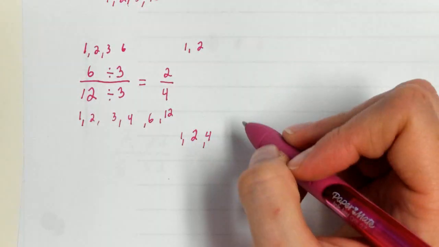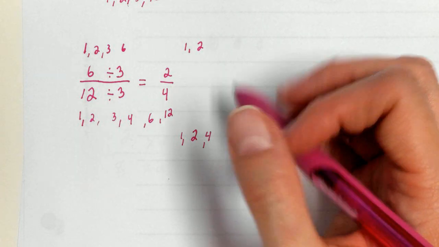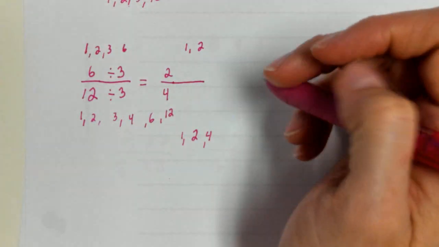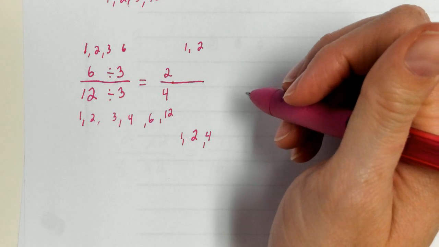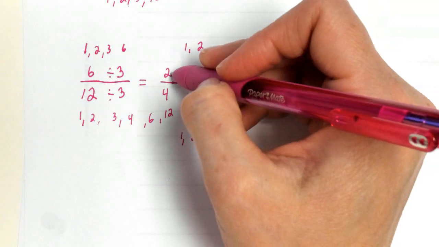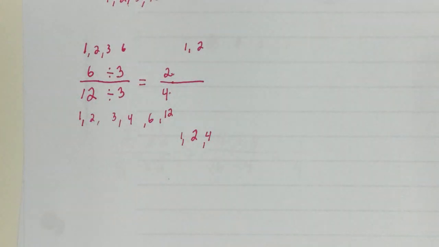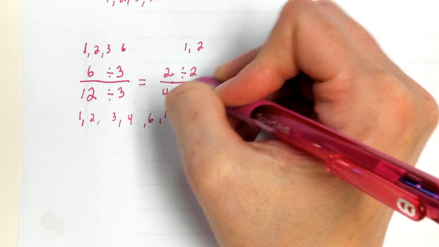All right. So what am I going to divide both the top and the bottom by? What number is a factor of both of these numbers? 2. 2 is a factor of both of these numbers.